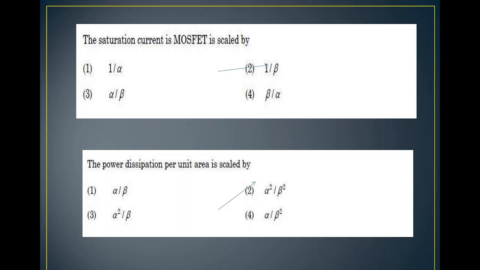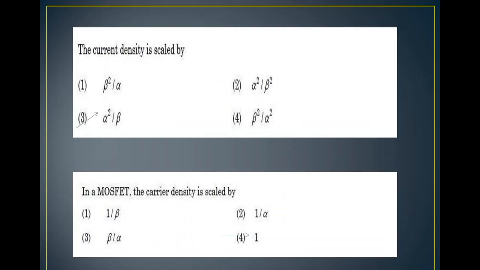The power dissipation per unit area is scaled by option first alpha upon beta, option second alpha square upon beta square, option third alpha square upon beta, and option fourth alpha upon beta square. And the correct answer, option second, alpha square upon beta square. Next, the current density is scaled by option first beta square upon alpha, option second alpha square upon beta square, option third alpha square upon beta, and option fourth beta square upon alpha square.